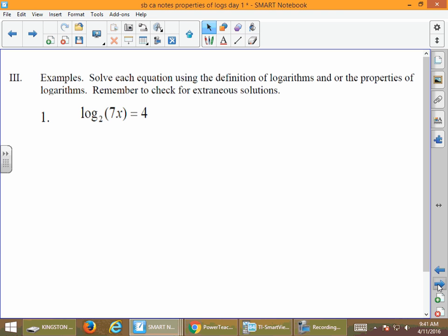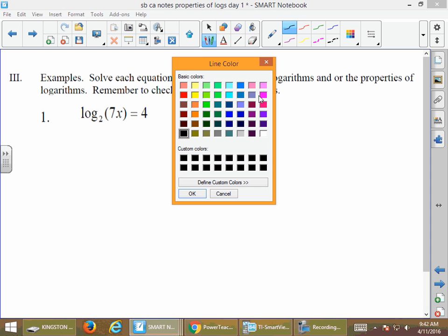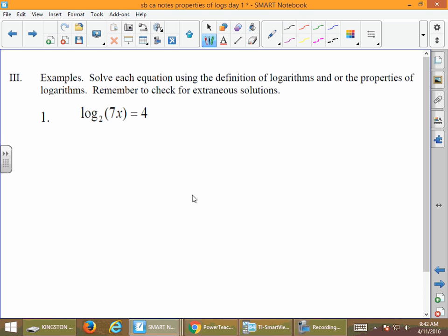So let's use these on our examples here. The first problem should look remotely familiar from last week's work. We have a logarithm on the left. We don't have a logarithm on the right. We're just going to go back and use the definition of logarithm. All that we're going to do is take our 2 and go around the world.